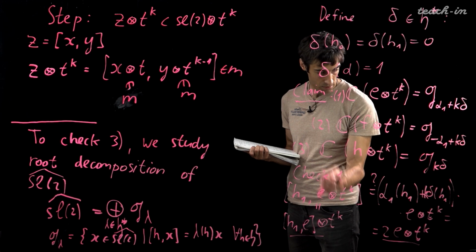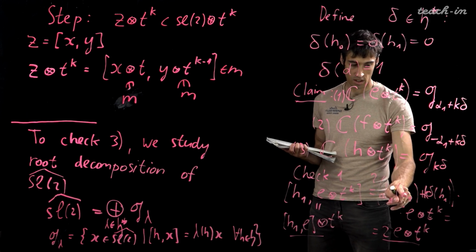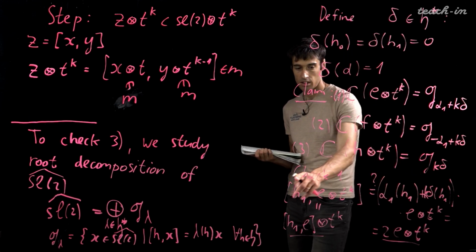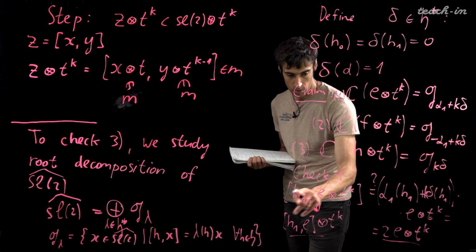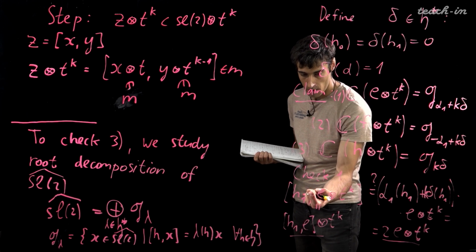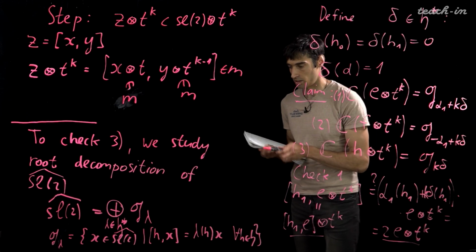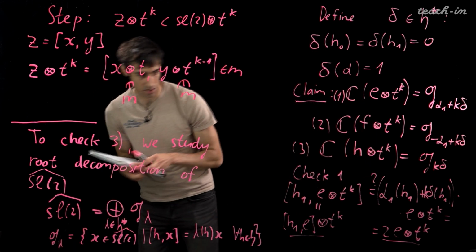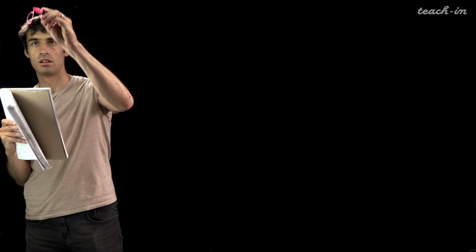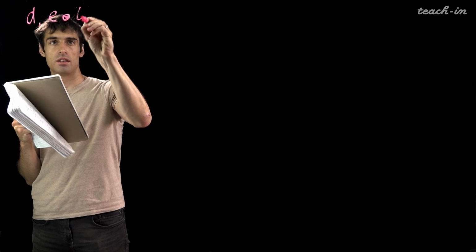So the interesting case is with D. Alpha 1 of D is just 0, and delta of D is 1. On the other hand, the commutator of D with E tensor T^k just multiplies this E tensor T^k by the degree k, and this is exactly k here. So let me do this computation, since it's interesting. D with E tensor T to the k.